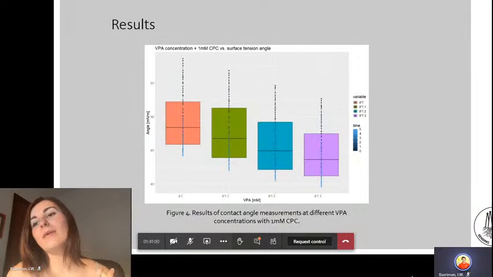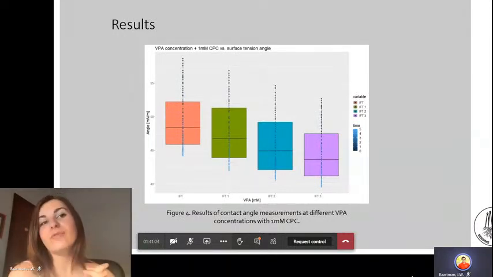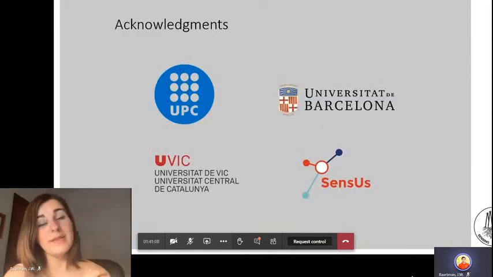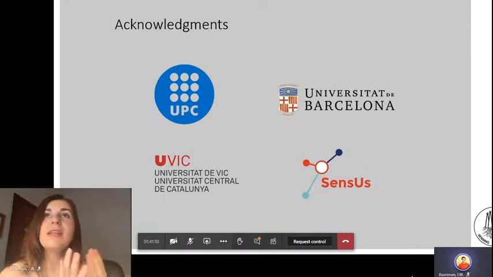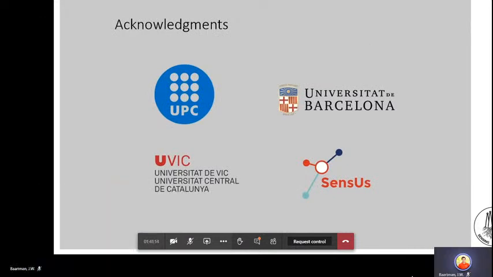The graph basically shows the angles formed by the sessile drops. The angle of the sessile drop decreases with time, and its surface tension is low compared to water.